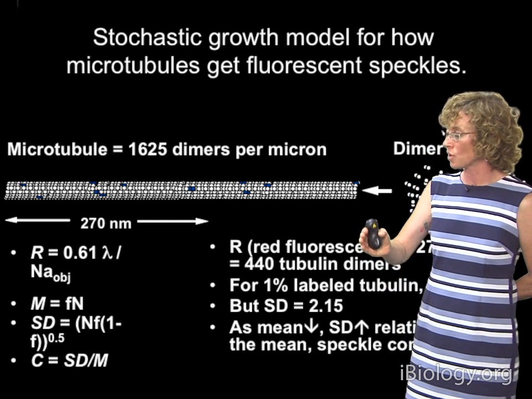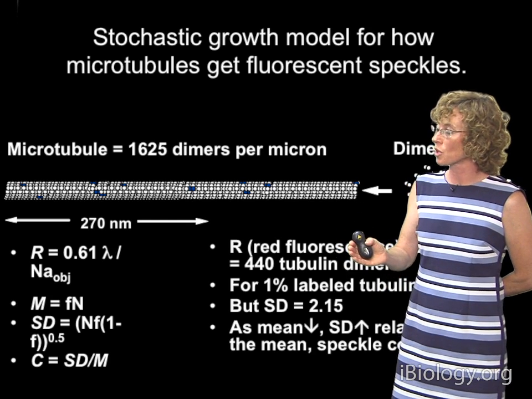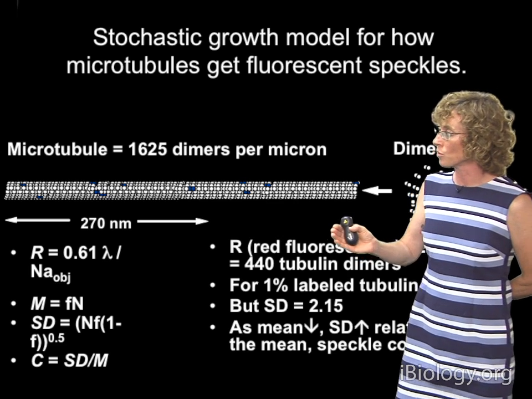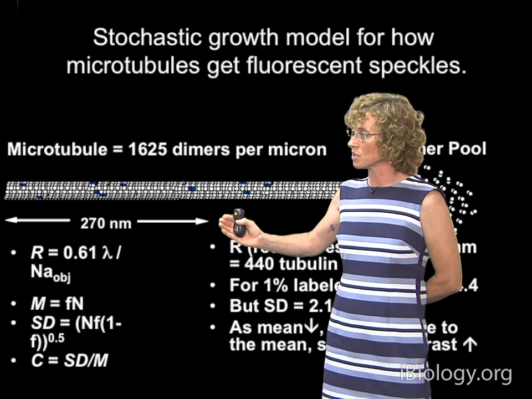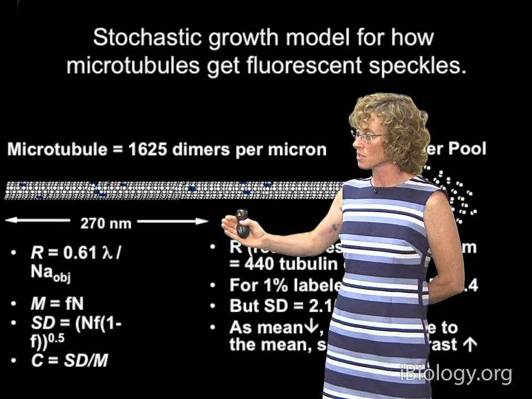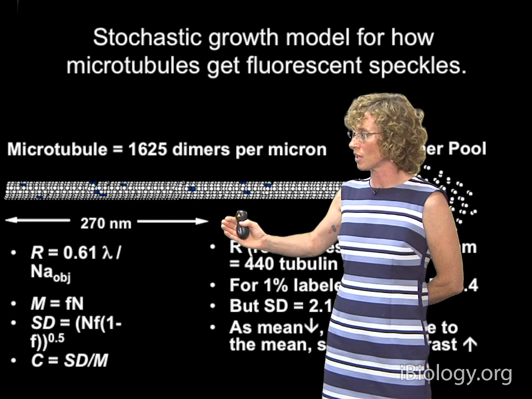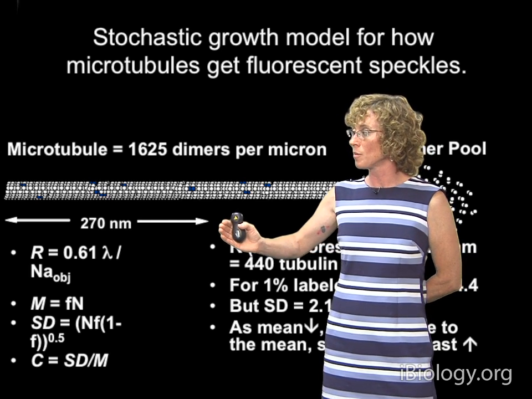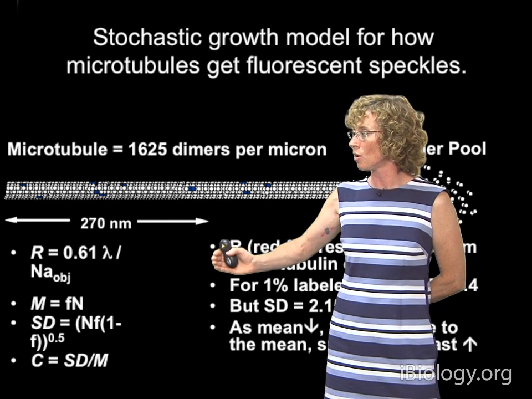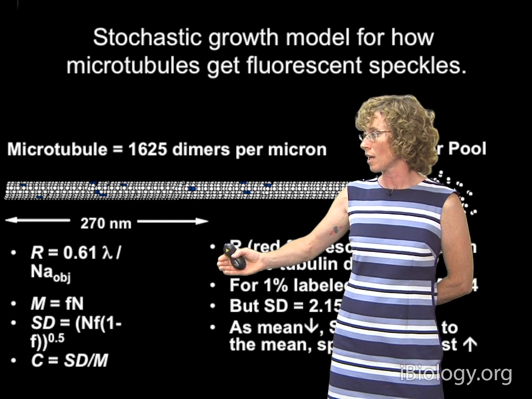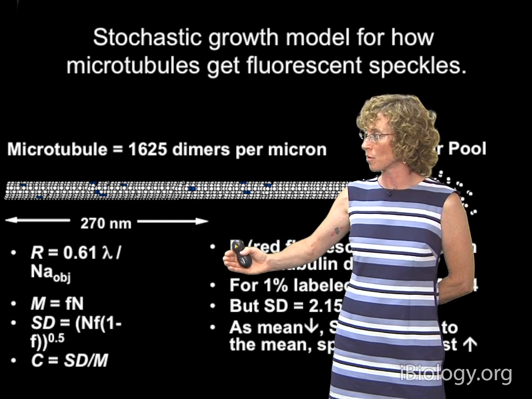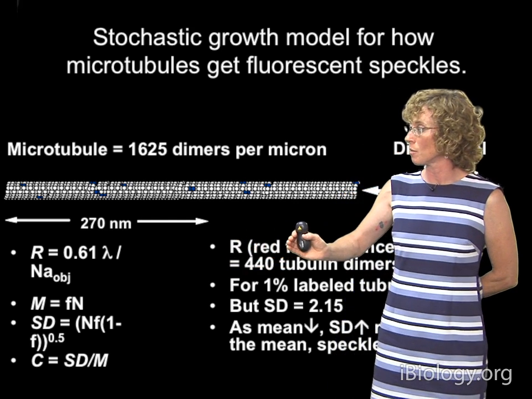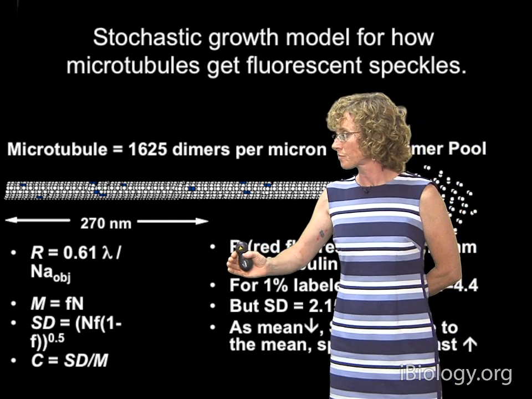And when you think about how that would look in a microscope image, what you have to think about is what the microscope's going to see, which is the diffraction limit. In this case, we were using red fluorescent tubulin, so that was about 270 nanometers. So within one diffraction-limited image region of that microtubule, there's about 400 tubulin dimers.